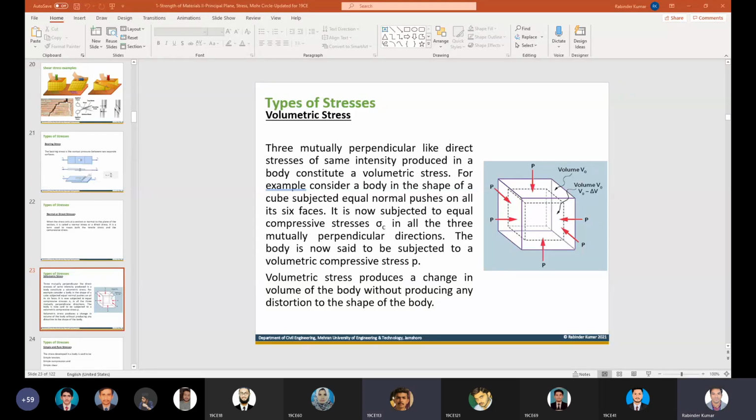Sir, the bearing stress is a constant pressure between two separate surfaces. Okay, thank you.